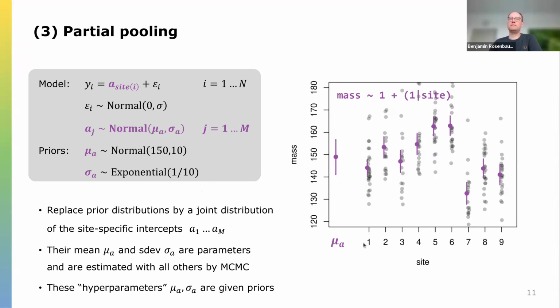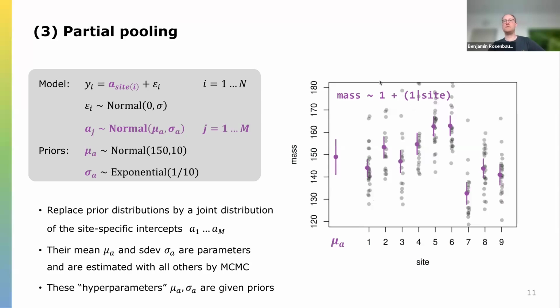Here we have mu A. This is the mean of all the site level means. It is its own parameter, and this is the overall estimated body size here. They all have their site-specific intercepts, but we also get an overall intercept here, and sigma determines how much these site level intercepts vary.